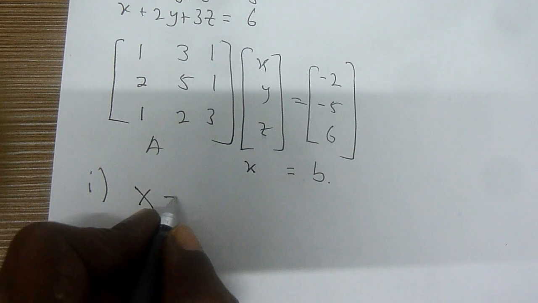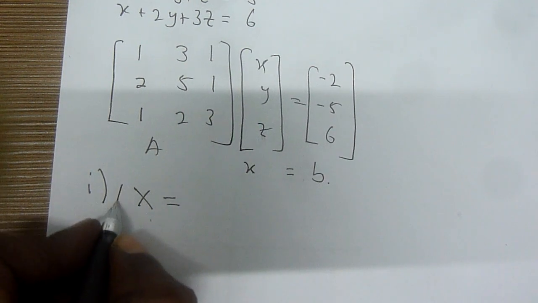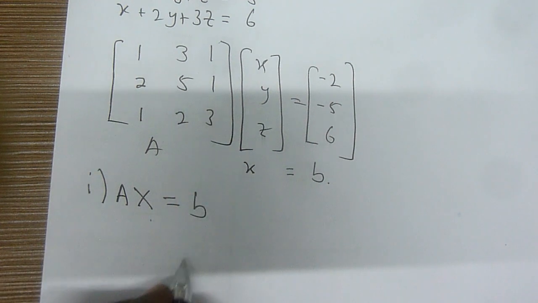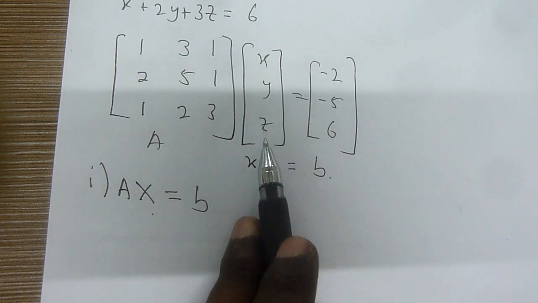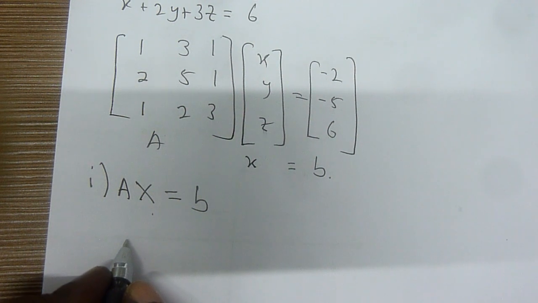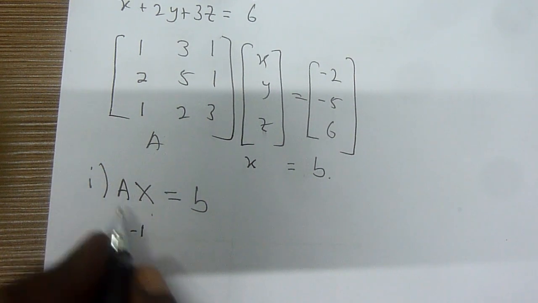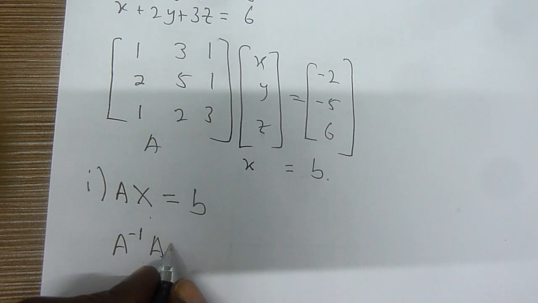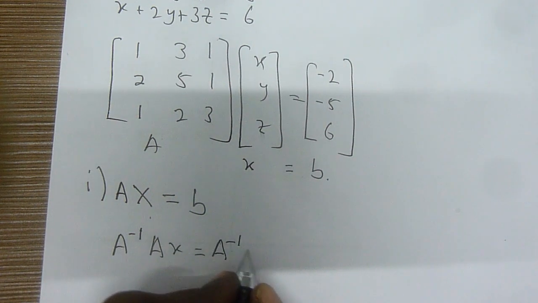Let's say I wanted to find x, y, z. Then it's easy: I multiply by the inverse of A on both sides, and immediately I get A inverse b.